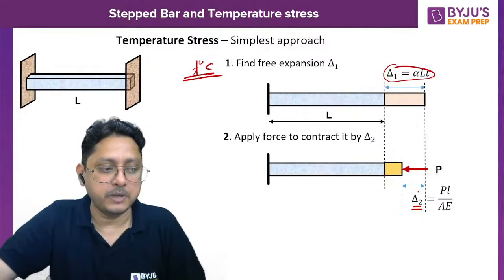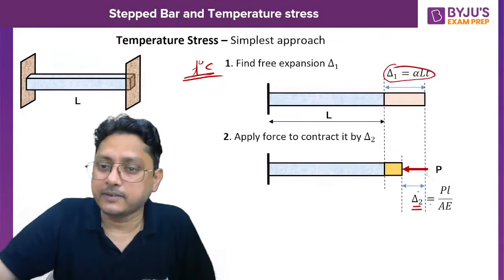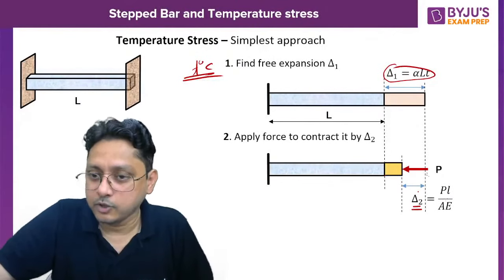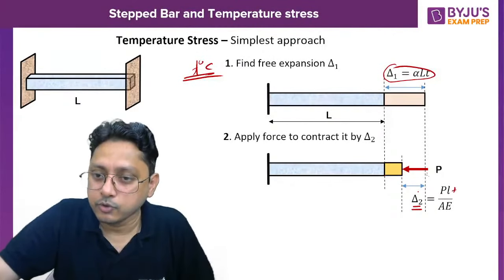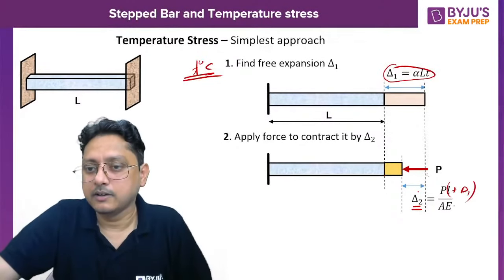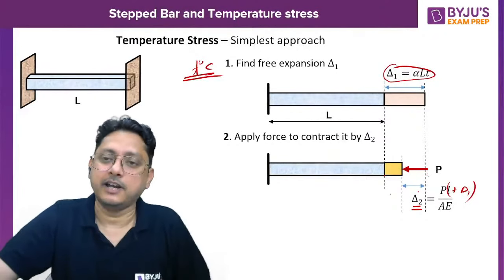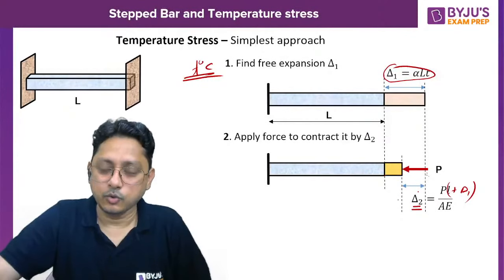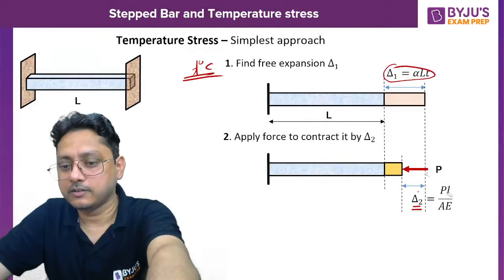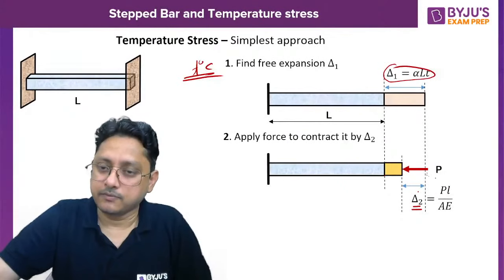If you are applying the P force for any bar having a length L, you can always apply the formula PL by AE. You could ask me one more thing, that instead of using PL by AE, you would have used P times L plus delta 1, because the initial length was L plus delta 1. Of course, this delta 1 we have ignored because of its small value. Now this delta 2 is nothing but PL by AE, due to the force you are applying.